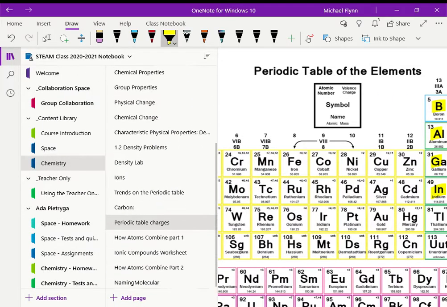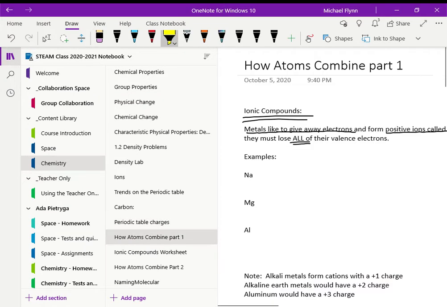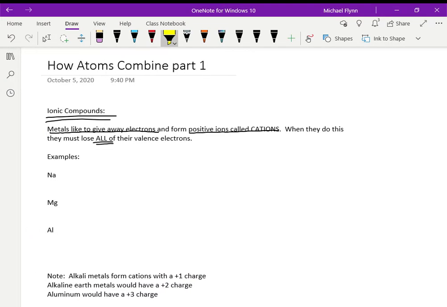All right. So let's get back to this. Here are some examples. So as we said, sodium has 1 valence electron, and then it loses that valence electron, and now it has a charge of 1+. So now we write it like that. The plus sign means it's a positively charged cation.